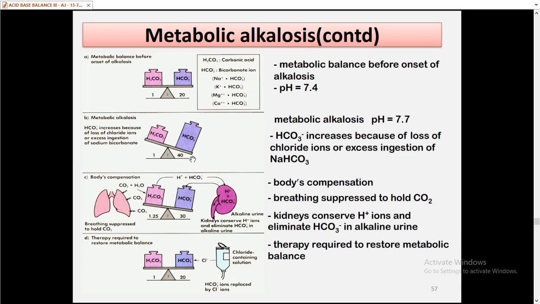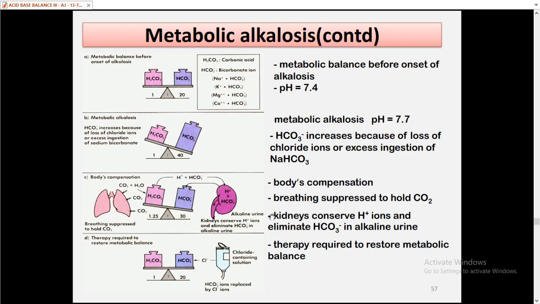When this occurs, the ratio gets disturbed and more bicarbonates are formed, and the ratio becomes 40 to 1. Now the body starts its compensation by holding the breathing and thus holding the carbon dioxide.